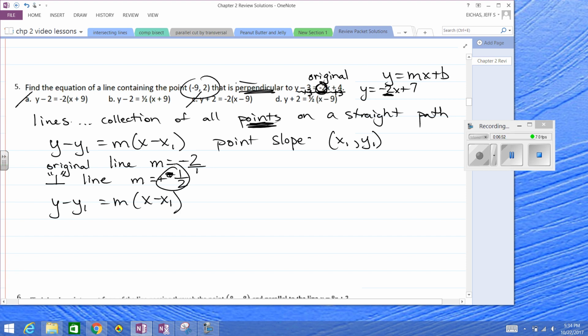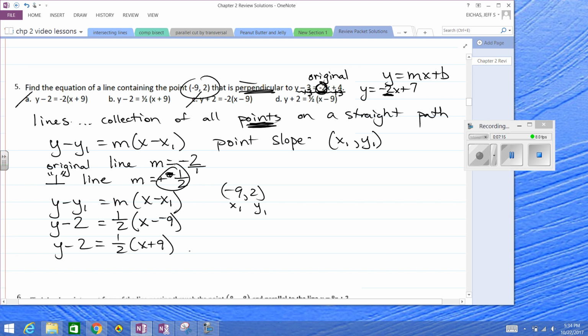Basically, I need to know -9, 2, that's my x1 and y1. So, really quickly, it's going to be y minus 2 equals our 1/2, we wanted to use that slope, and it's x minus -9. So we should get y minus 2 equals 1/2 x plus 9.